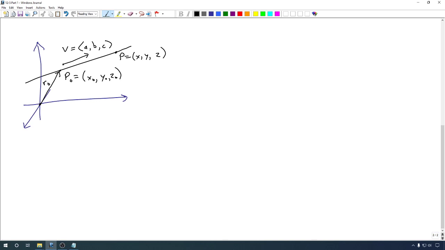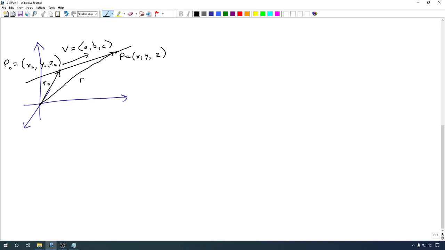Actually, let me move the notation for P naught. The words there were a little in the way. We're going to also draw a vector from the origin over to P. We'll call that r. We like to call these the position vectors of those points. Essentially, it's a way of turning a point into a vector that is frequently useful in Calc 3.